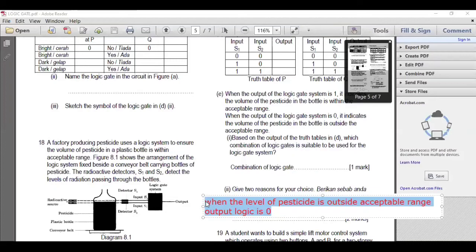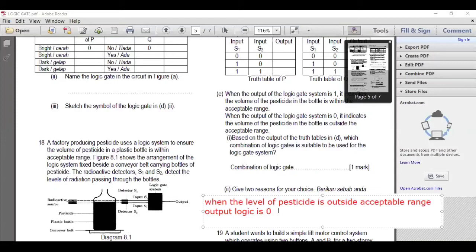We use the word outside. Outside means it can be too high or too low. If you want to write, if it is too high or too low, the logic is 0 also. So when the level of pesticide is outside acceptable range, the logic is 0.